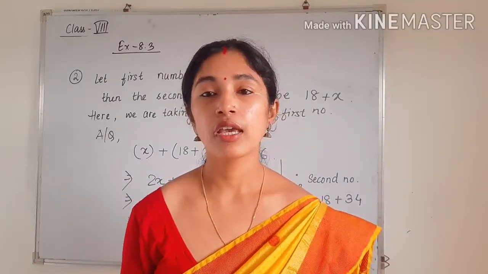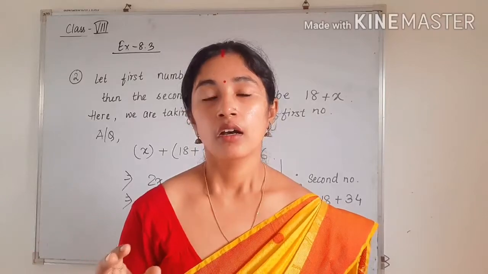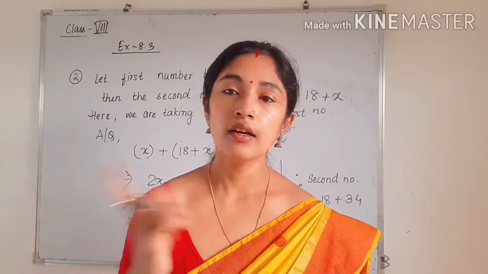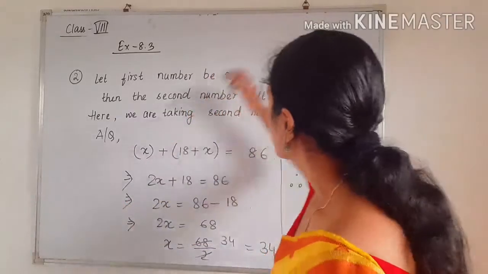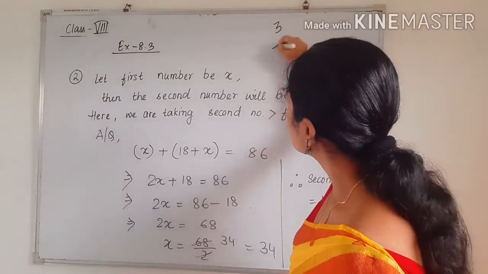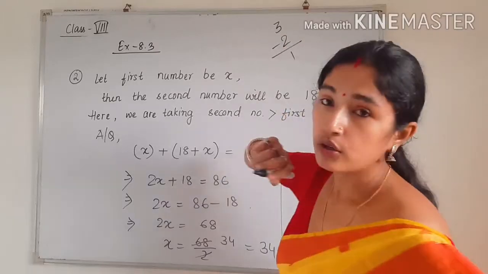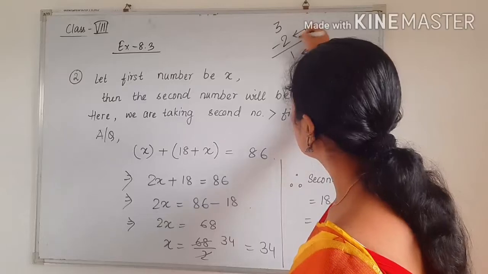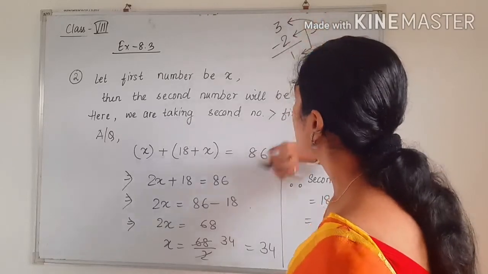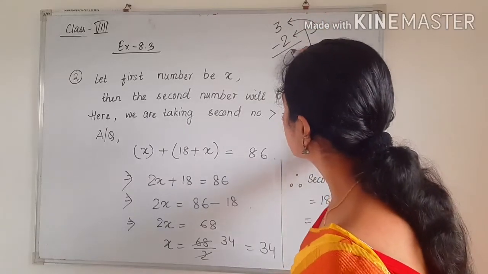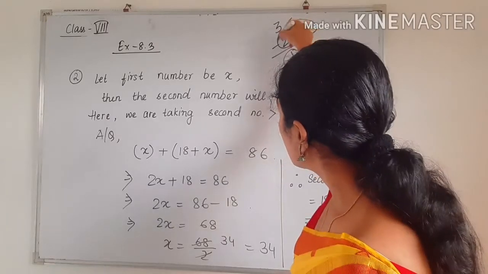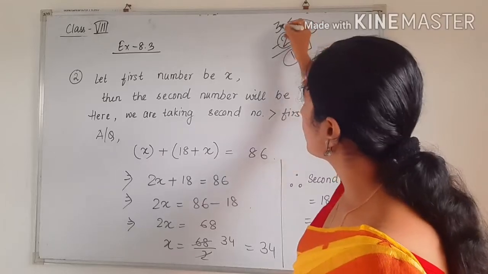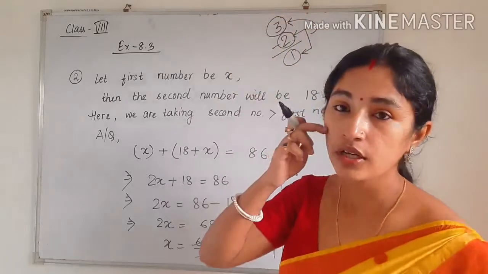That means if we add any one of the numbers with 18, we will get the next number. For example, see, if I write 3 minus 2 is equal to 1, then the addition of 2 and 1 will be what? It will be 3. That means if we add the difference and the smaller number, the number which is going to be subtracted, we will get the bigger number, that is 3.